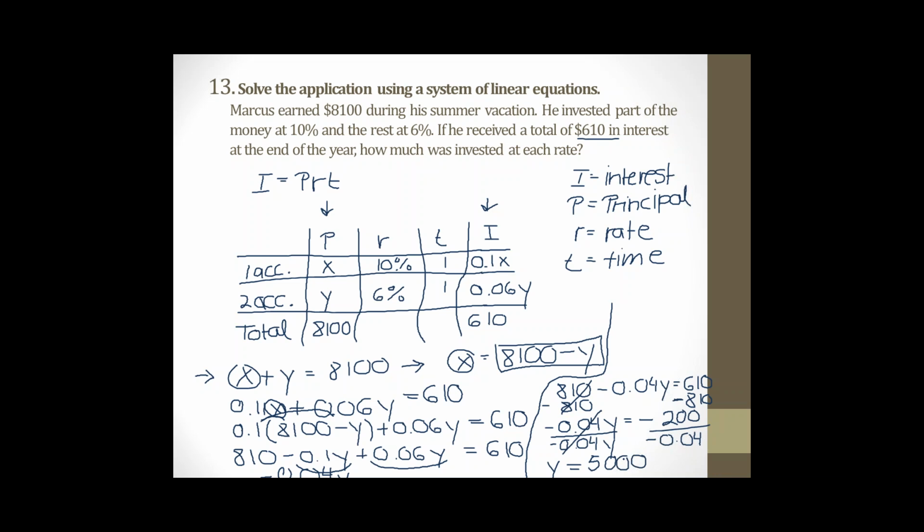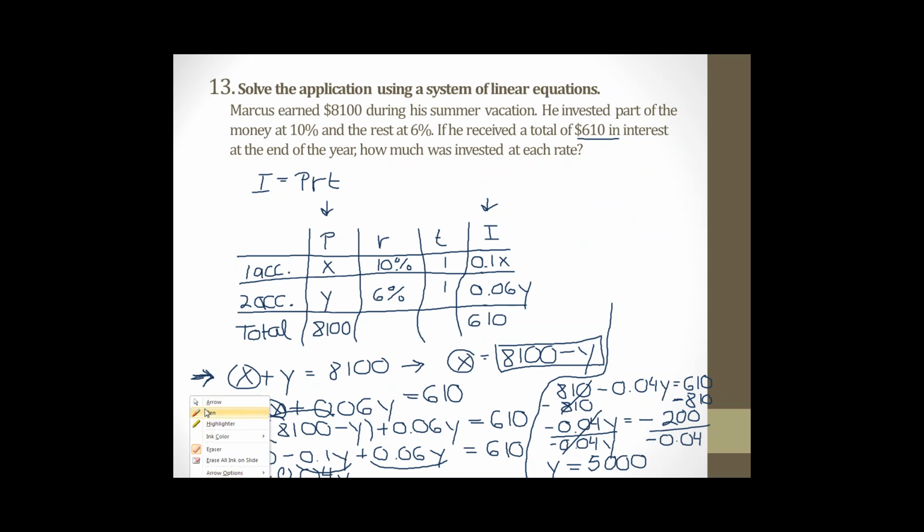Now I need to go back to one of my original equations, and I'm going to pick the first one because it's just easier to find my x value. Let me just use my eraser real quick to erase something that we don't need anymore. So we figured out what these letters meant. Using the first equation, which was x plus y equals 8,100, and plugging in my y value, I should get my x.